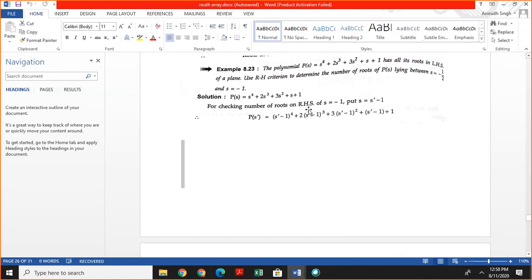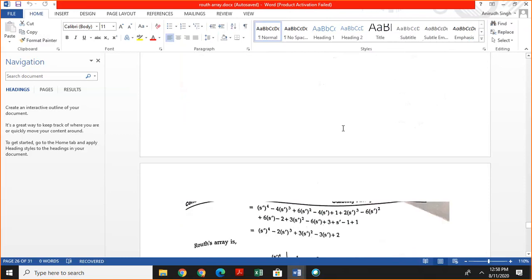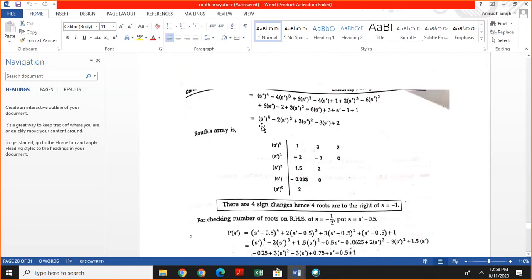For checking the number of roots in the right half plane, put s is equal to s dash minus 1. This is the final characteristic equation, and from it form the Routh array. There are sign changes plus minus minus plus plus minus minus plus, meaning there are 4 sign changes.